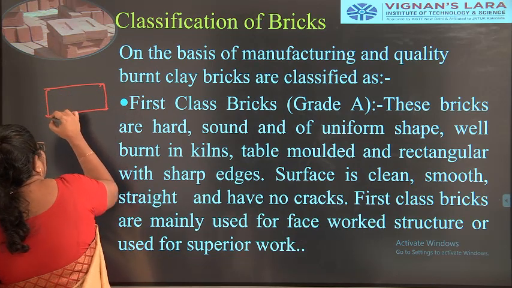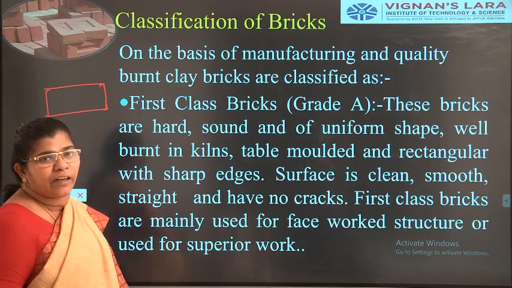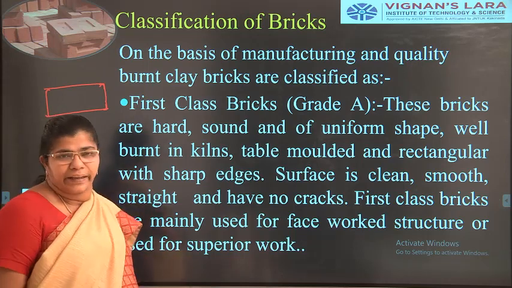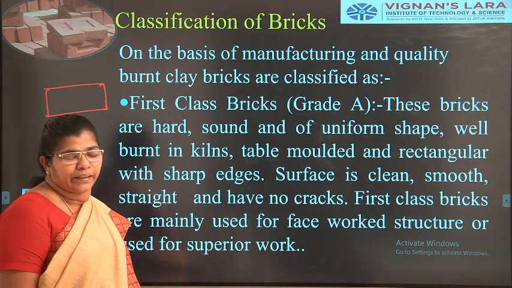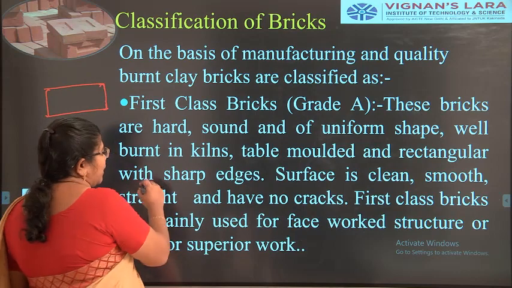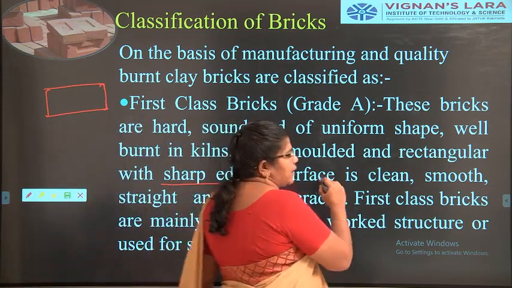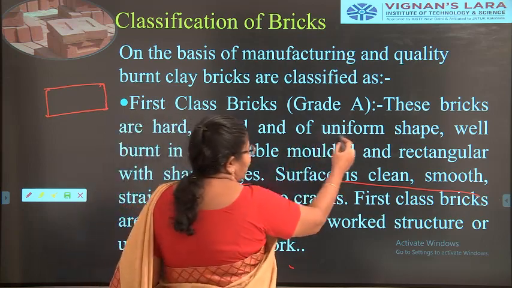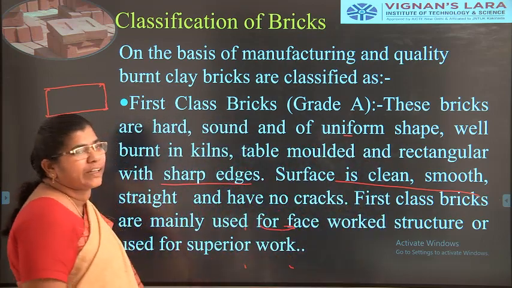The edges will be very sharp and the color of the brick will be uniform throughout. It will be perfectly rectangular in shape with sharp edges. The surface will be clean and smooth, with uniform shape and color, and it will not have any cracks.